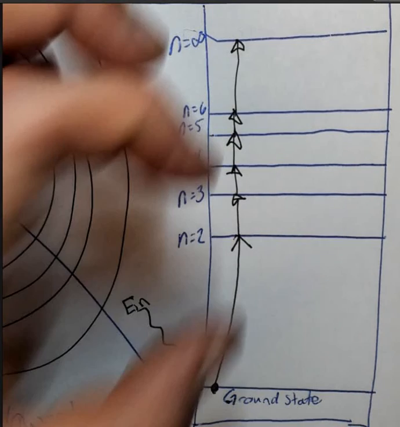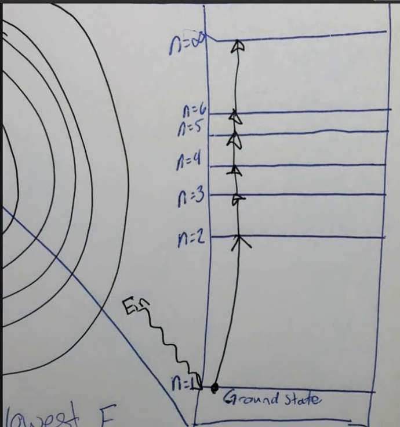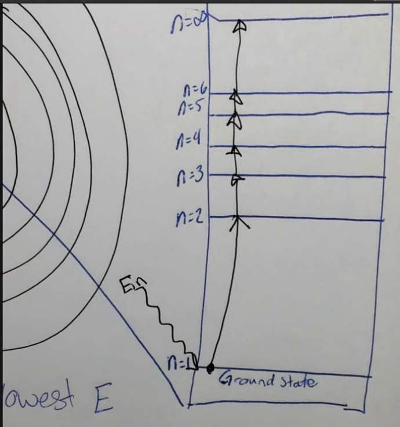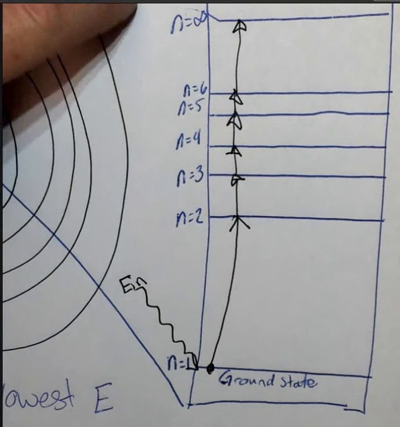Each quantum is how much energy it takes to go up or down an energy level. So depending on the quantum of energy that the electron gets, it'll jump to a different energy level, or if it's given too much of a quantum, it'll escape the atom altogether.